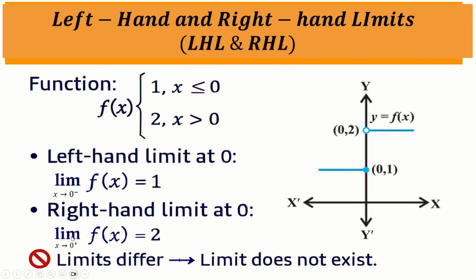If it is greater than 0, the right hand limit, x tends to 0 plus, f of x is 2. So LHL and RHL are not equal, which means the limit does not exist, even though the function is defined. The function is defined at f of 0, but the limit does not exist. So this is the important thing to understand about LHL and RHL. Once you understand this clearly, most things are clear in limits. The only thing is you need to understand how to solve limit problems.